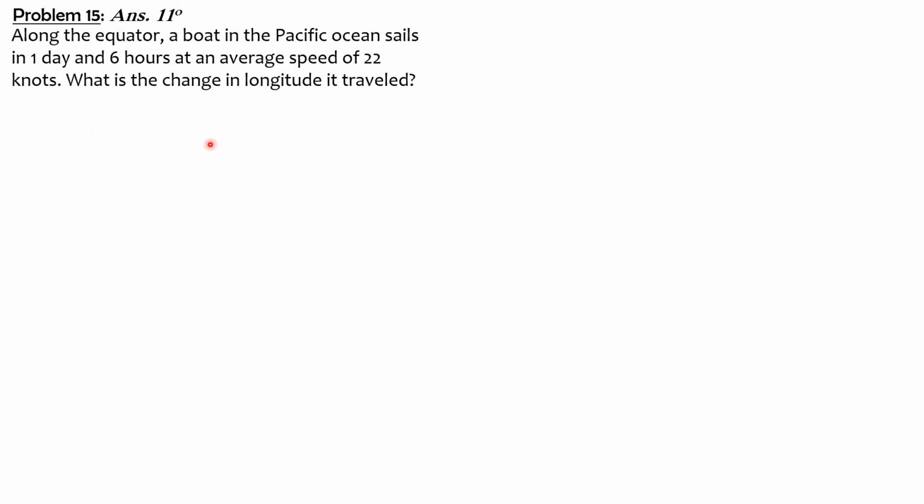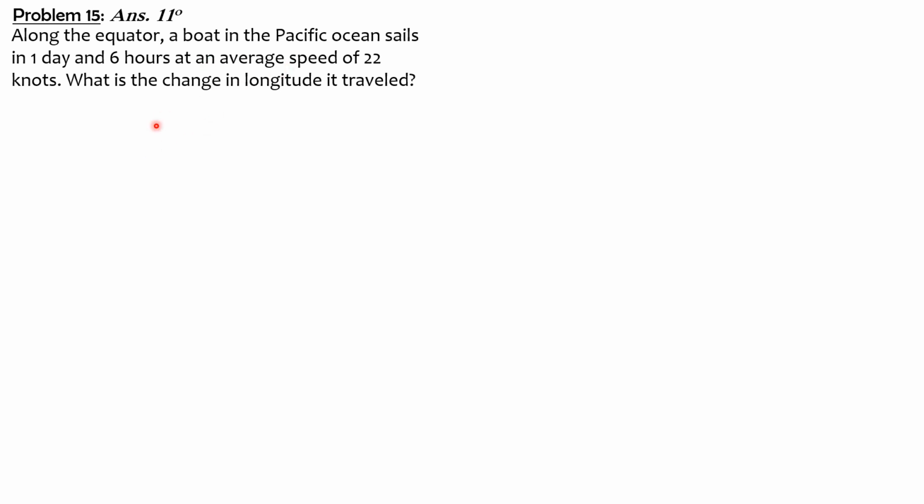In nautical miles, since 1 nautical mile is the arc distance on the surface of the earth subtending an angle of 1 minute. The explanation is in the preceding video.